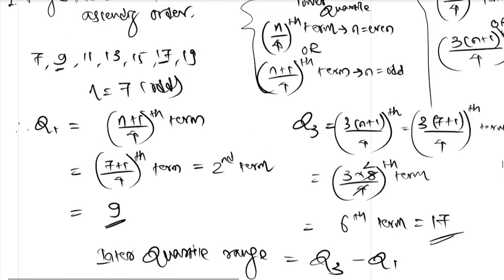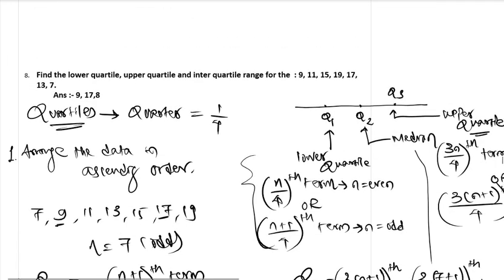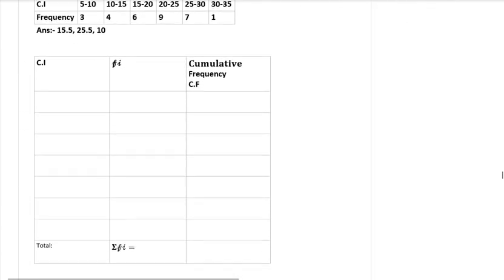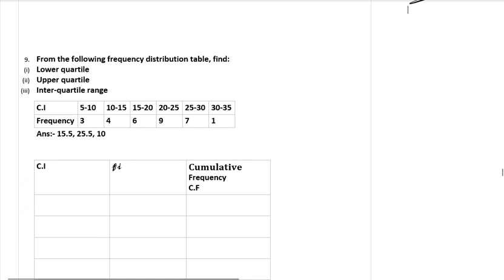Right? So this is how you solve the questions for lower quartile, upper quartile, generally quartiles for raw data. But that's not all. You have quartile questions based on the grouped frequency distribution as well. And that is with your ogive. So you have to plot an ogive as well.